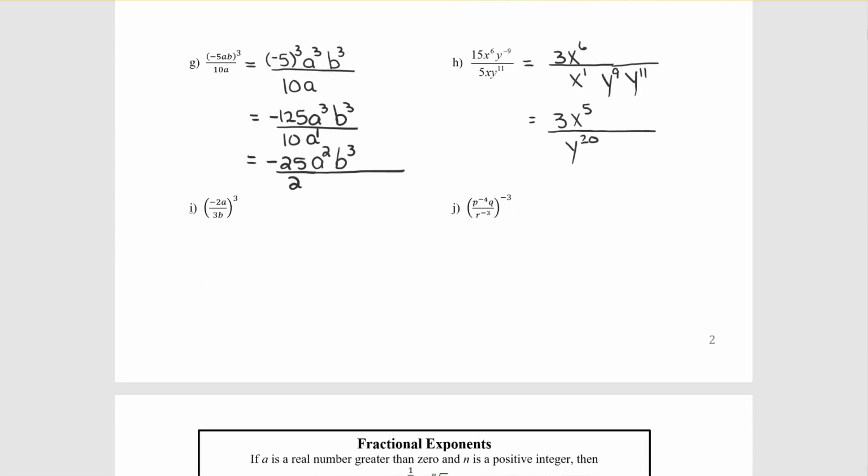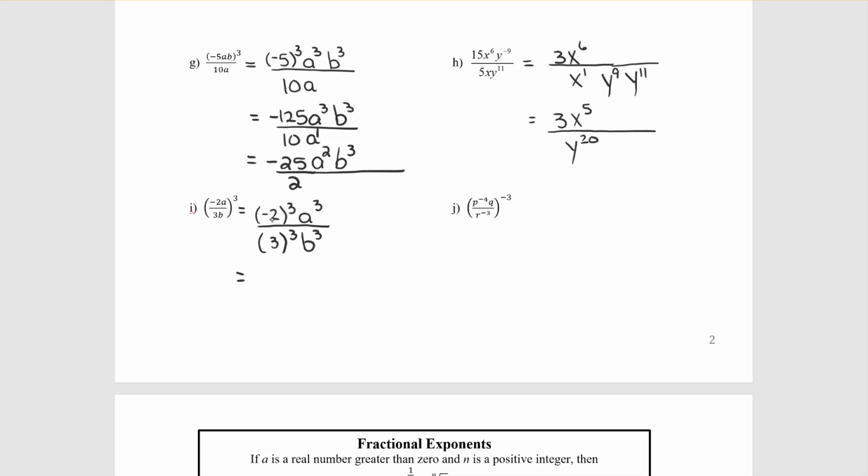For our last 2, again, I've got to take care of this outside power. Everything inside the parenthesis will be raised to the 3rd power. So negative 2 to the 3rd power, a to the 3rd, along with 3 to the 3rd power, and then b to the 3rd.